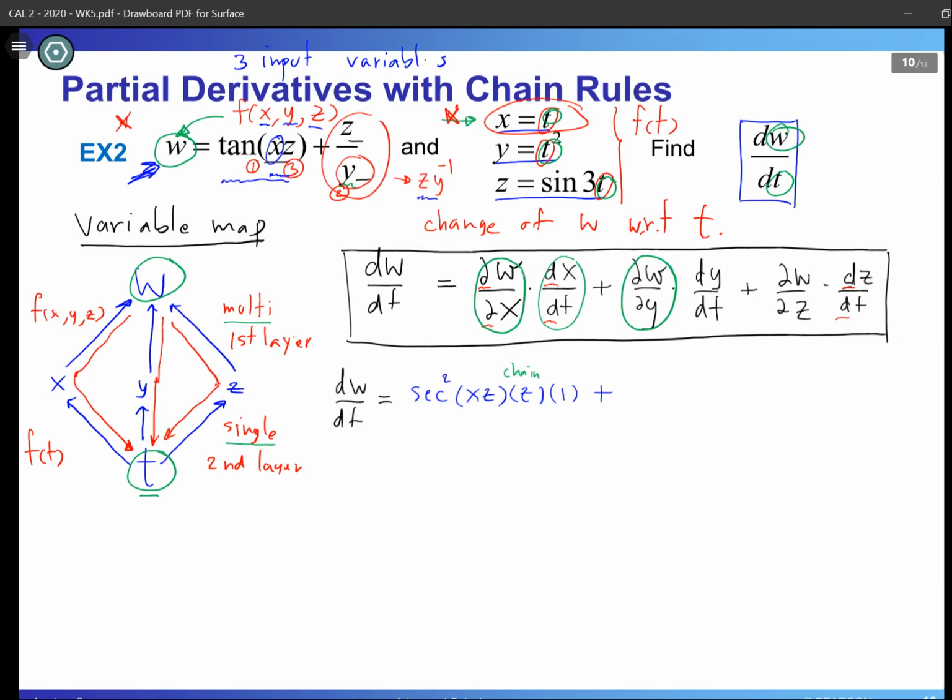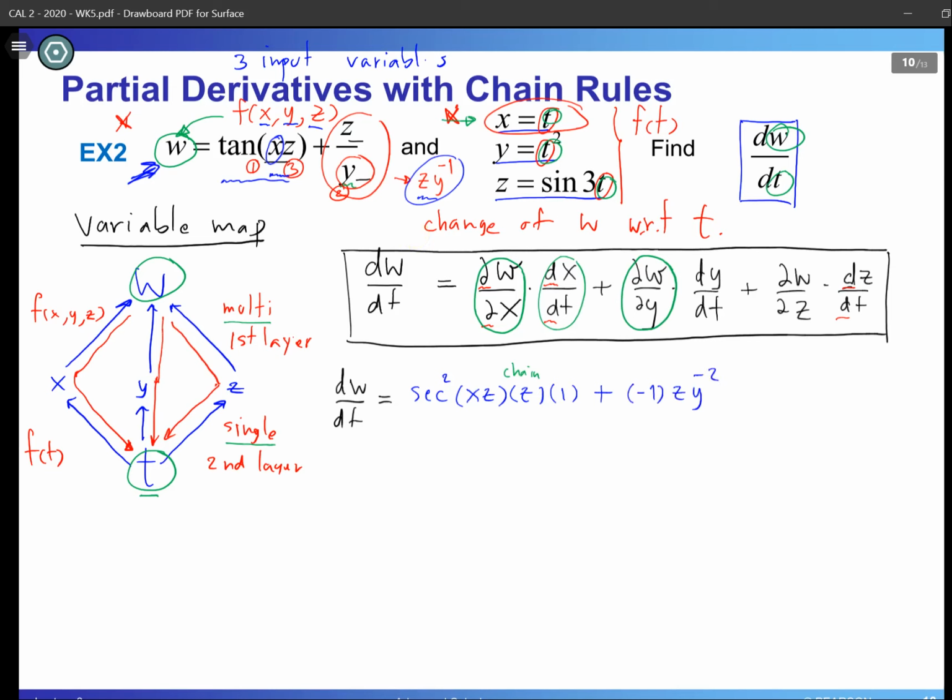If I differentiate this with respect to y, it's going to go to 0. So I only need to differentiate this term, z times y to the power of minus 1, and I can use the power rule. Power comes down, and then z stays the same, and the power of y decreases by 1. So I am going to get minus 2 right here.